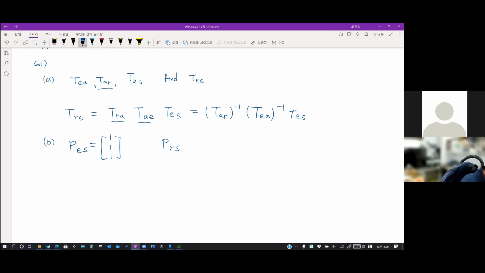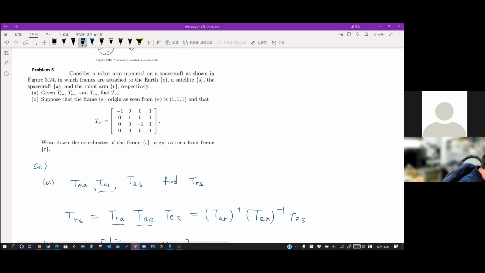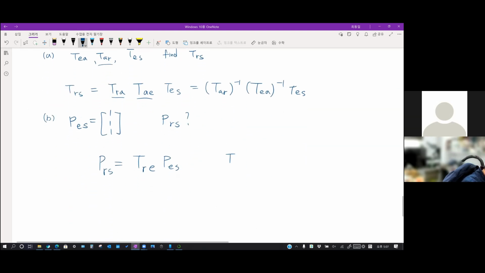So in the case of PES, if we multiply by TER, then we can find PRS. So if we calculate this one, we can find out PRS. In the problem, we have TER.